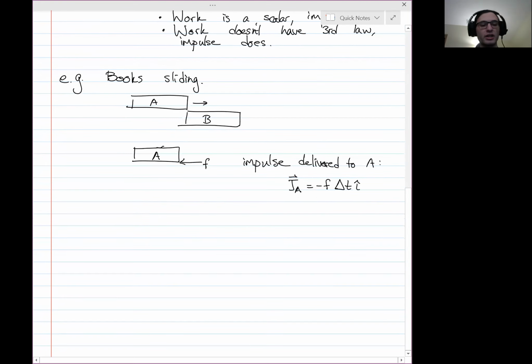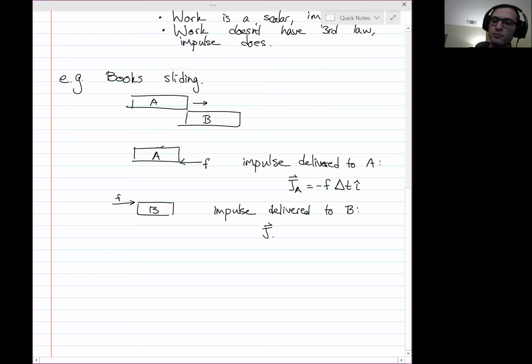Now let's look at the free body diagram for book B. Book B is going to have a frictional force of equal and opposite magnitude pointing to the right on it. And so we can compute the impulse delivered to B. All we're considering right now is one block that starts with motion, the other block starts at rest, and they're just sliding together.